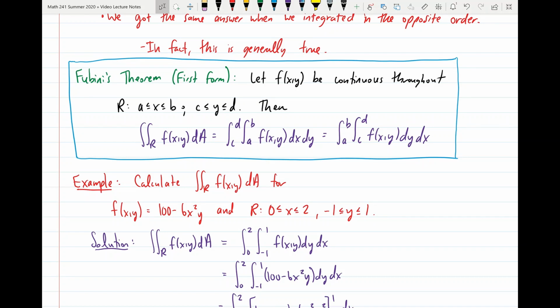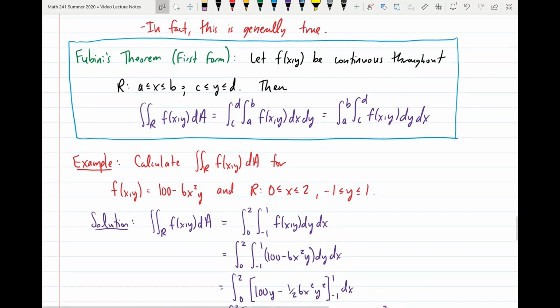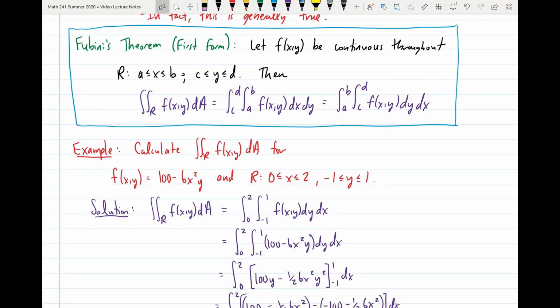So if we let f of x, y be some continuous function throughout a rectangular region R, where x is between a and b and y is between c and d, then the double integral of f of x, y over R is equal to this iterated integral where we have the integral from c to d and the integral from a to b of f of x, y dx dy. So notice here we're taking the integral with respect to x first, and then taking the integral with respect to y.